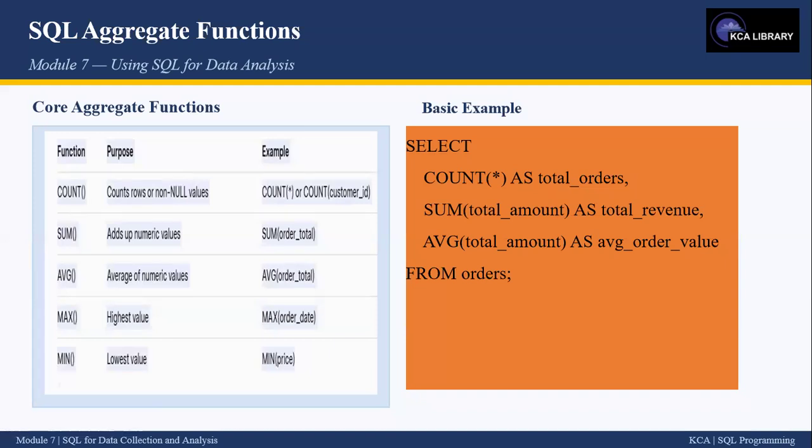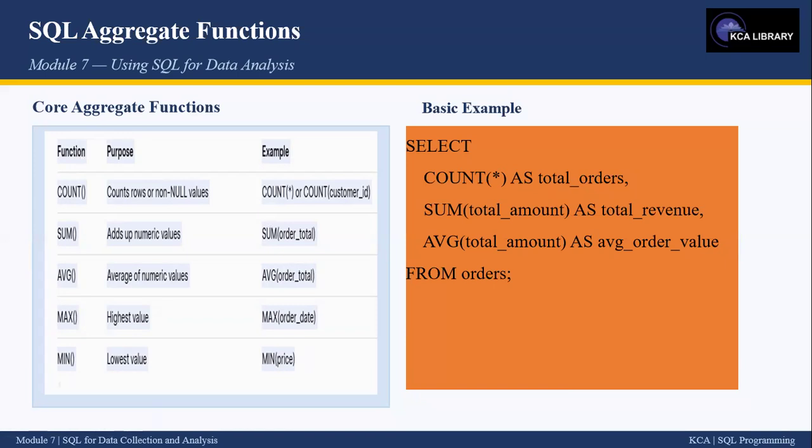SQL aggregate functions. Now let's look at the foundation of data analysis, aggregate functions. These functions summarize multiple rows into a single result. The most commonly used ones are COUNT, which counts the number of rows, SUM, which adds up numeric values, AVG, which calculates the average, MAX, which finds the highest value, while MIN finds the lowest value.